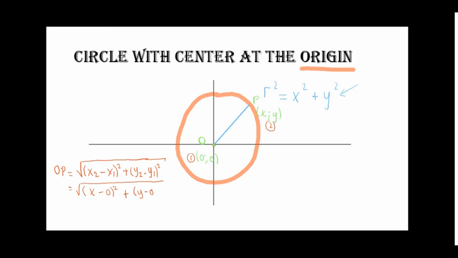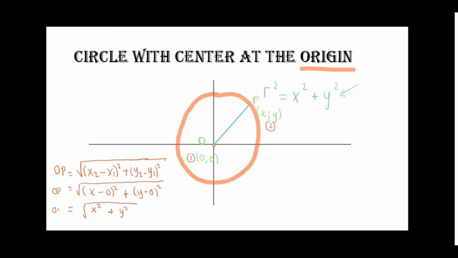Simplifying, x minus 0 is x, and y minus 0 is y, so we have the square root of x squared plus y squared, and that is equal to OP.